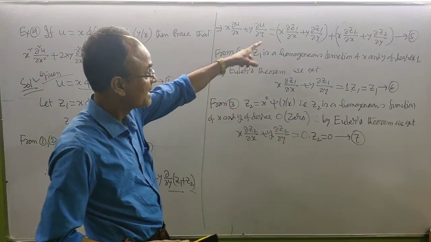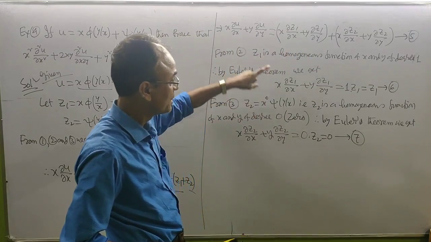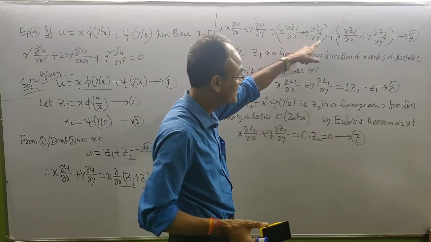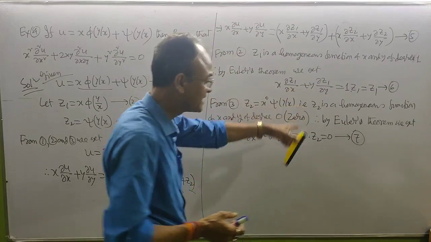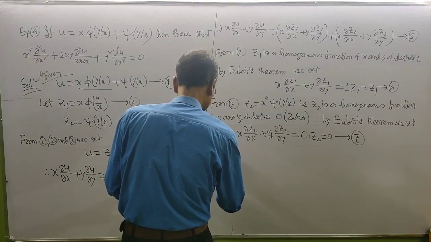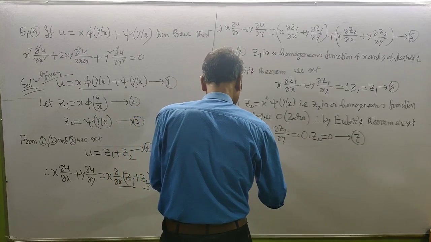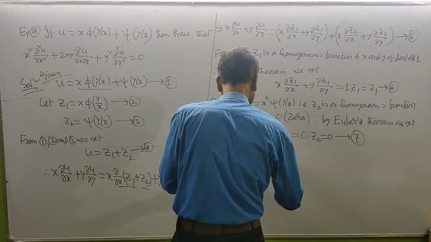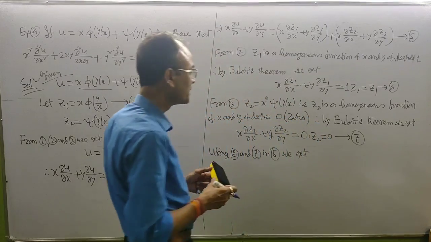Now, using 6 and 7 in 5, the first term can be replaced by z1 and the second by 0.